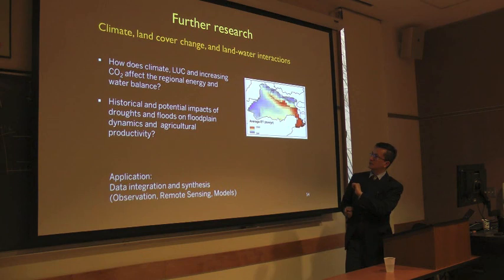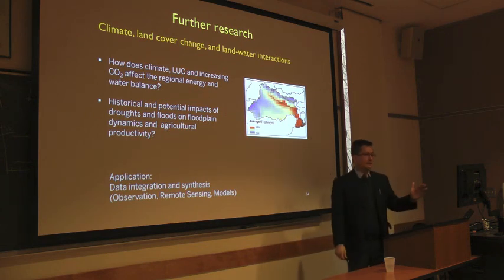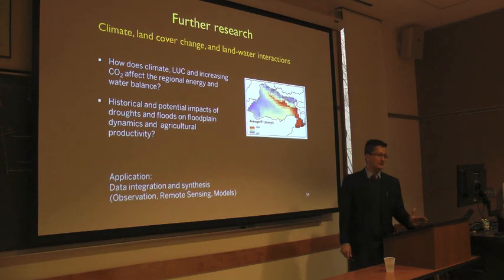So I wanted to go in that direction. Can we do the same for the South Asian basin? If you have a hydrological data set for the last 50, 60 years, how has the hydrology changed because of climate versus how has it changed because of human anthropogenic land cover changes, such as deforestation and urbanization?